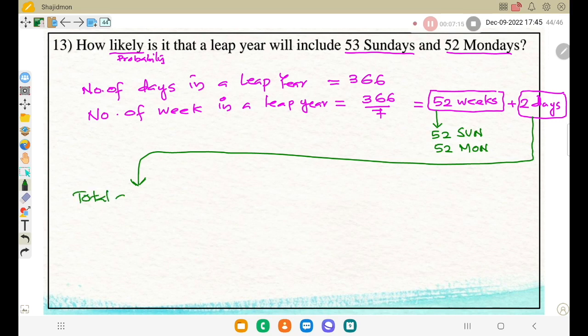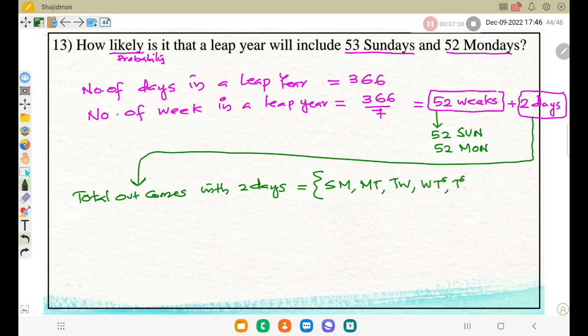Total outcomes with these 2 days, correct, equal to, as I told you, either Sunday Monday, or Monday Tuesday, or Tuesday Wednesday, or Wednesday Thursday, Thursday Friday, or Friday Saturday, or Saturday Sunday.